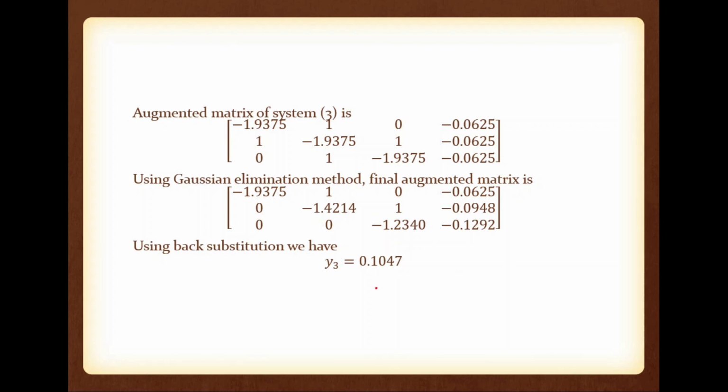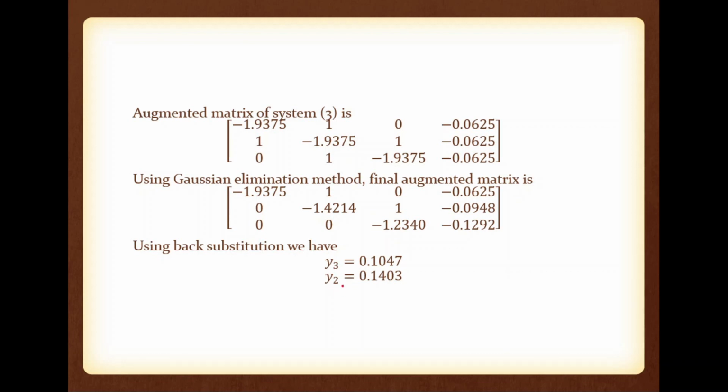Similarly, through back substitution we find y2: minus 1.4214 y2 plus y3 is equal to minus 0.0948. Solving that, y2 is equal to 0.1403. y2 is the value of y at x equal to 0.5, and y3 is the value of y at x equal to 0.75.